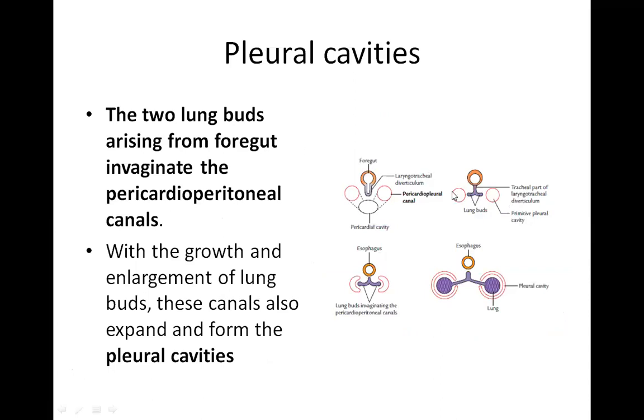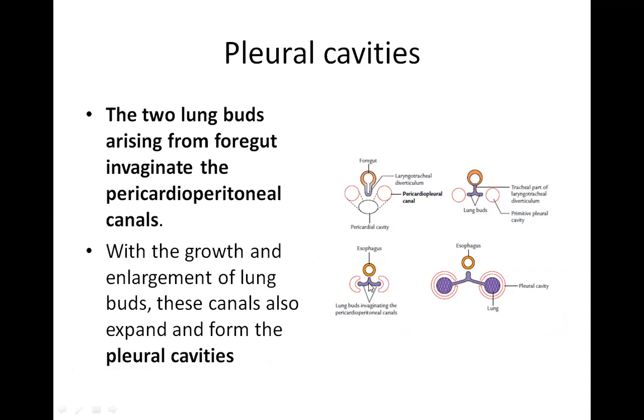So how are the pleural cavities formed? So this was the foregut. So the two lung buds arise from this foregut and they will invaginate the pericardio-peritoneal canals.